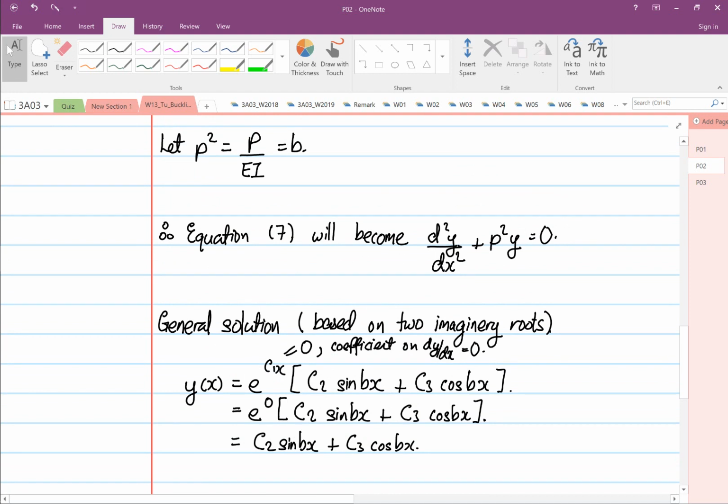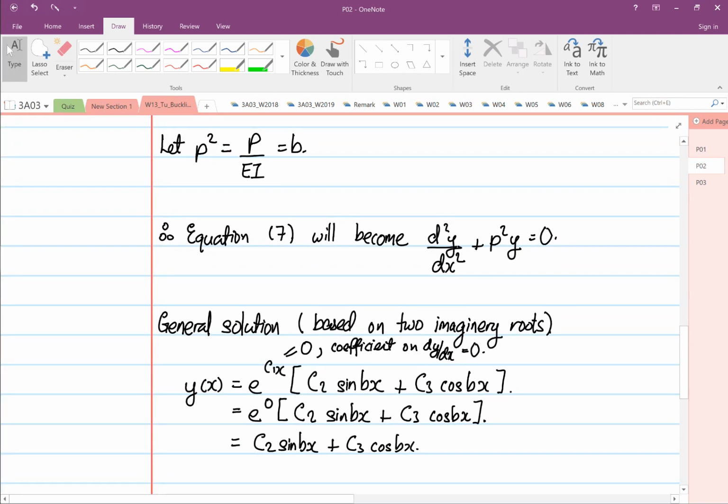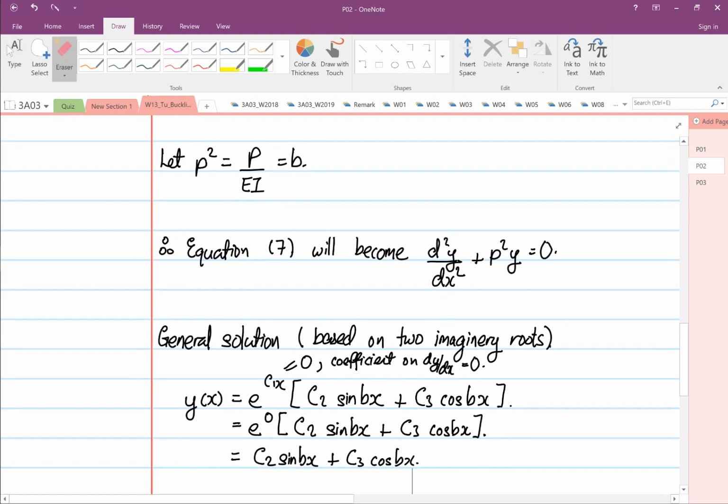From here, I think I did make a mistake. p is equal to the square root of P over EI, and I'm going to let p be equal to my b.